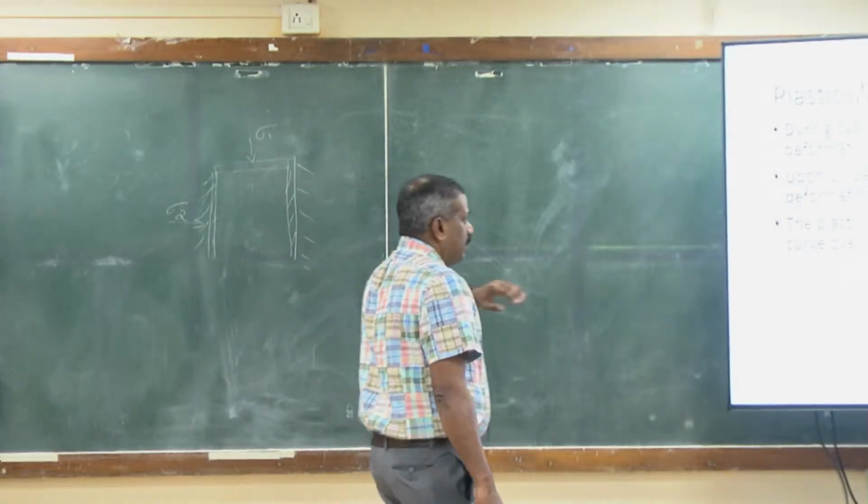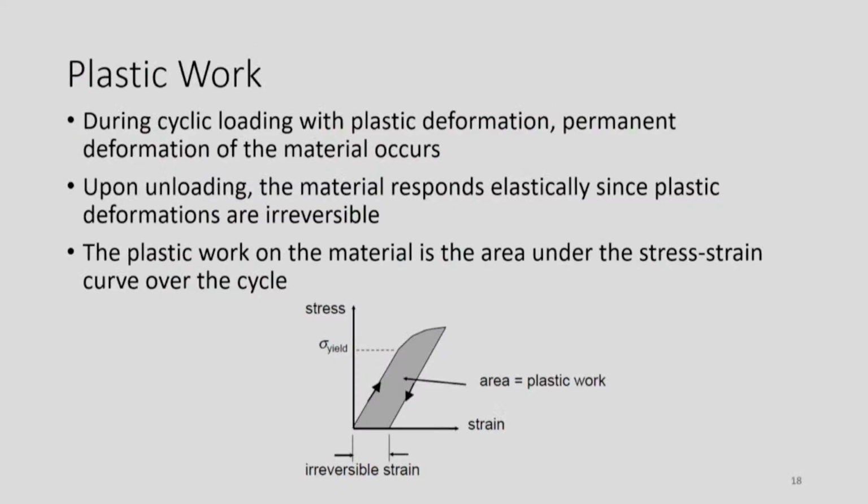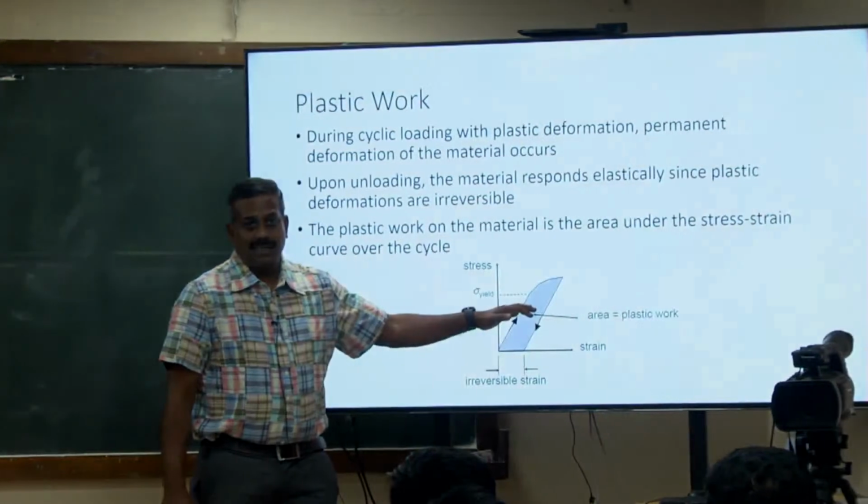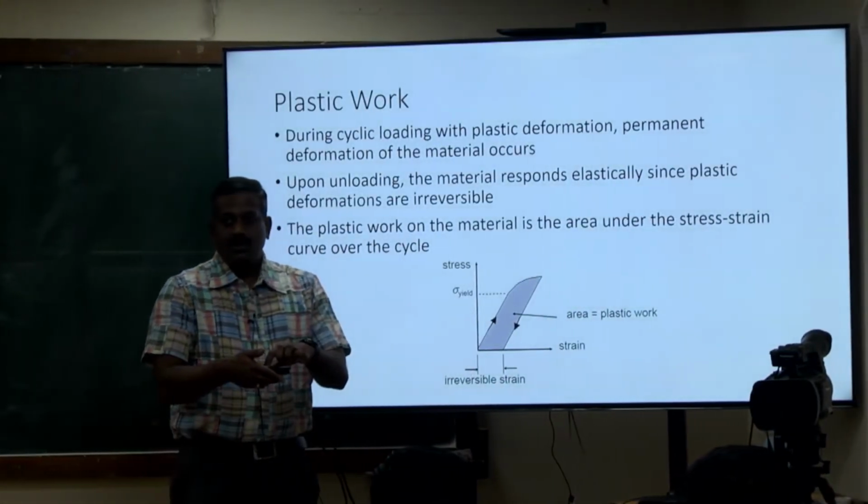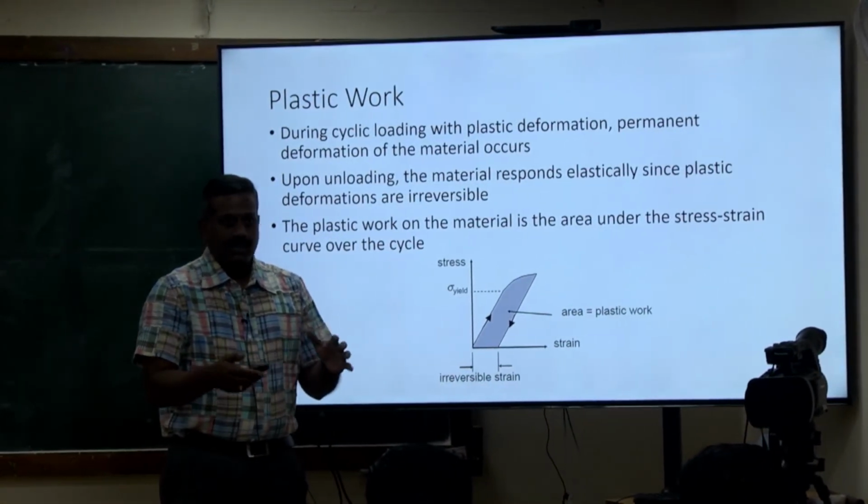So plastic work is mostly for cyclic compression. For example, I'm compressing this material like 100 times. When you keep on compressing, when it exceeds the elastic limit, I lose some energy.